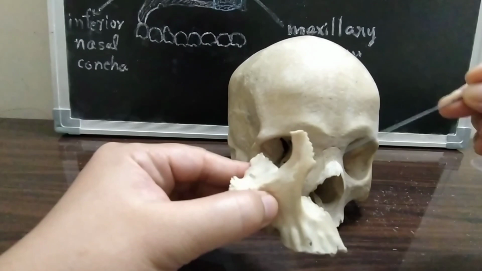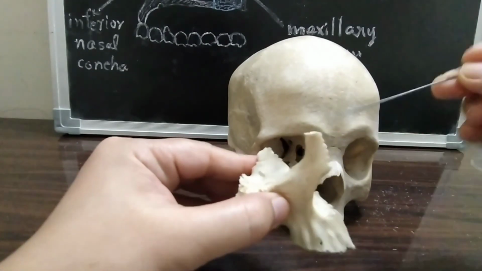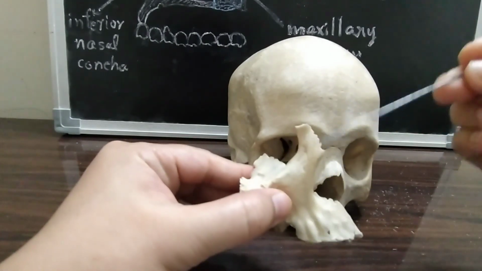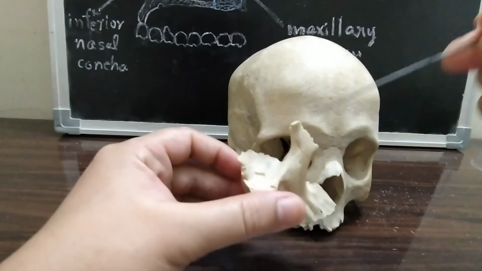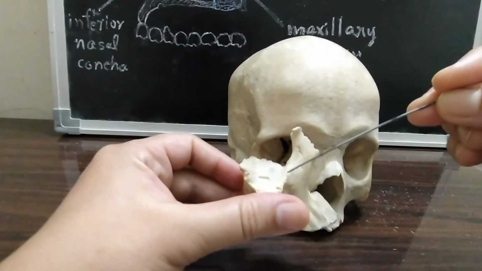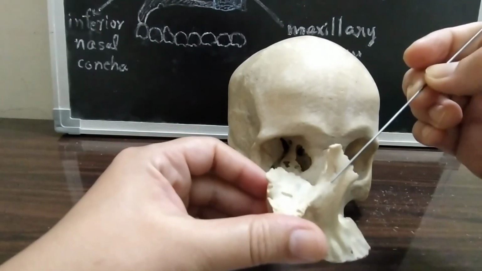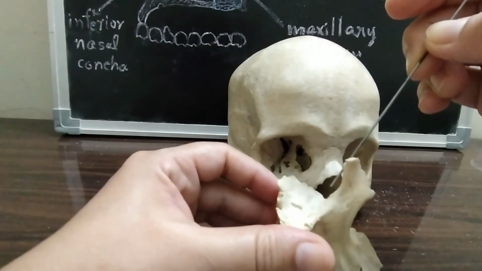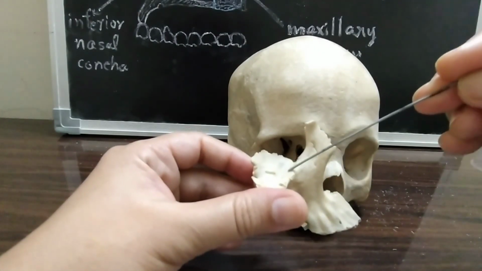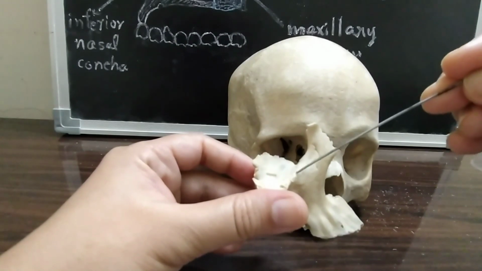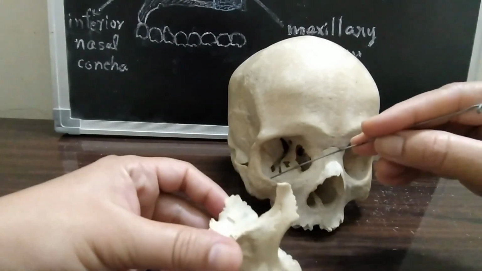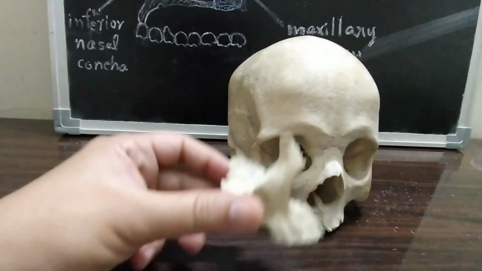This anterior border articulates with the nasal bone, posterior border with the lacrimal bone, and here the lateral surface is divided by the anterior lacrimal crest into the anterior part and the posterior part. This anterior lacrimal crest is continuous inferiorly with the infraorbital margin.